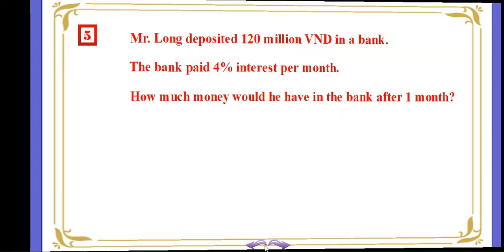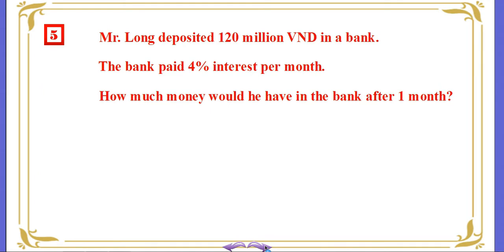Exercise number 5. Mr. Long deposited 120 million Vietnam dong in the bank. The bank pays a certain interest per month. How much money would he have in the bank after 1 month?